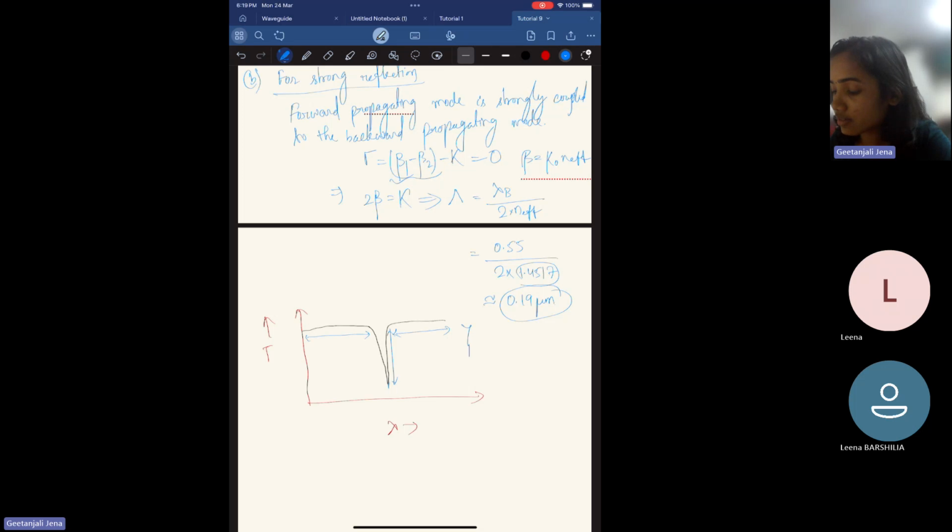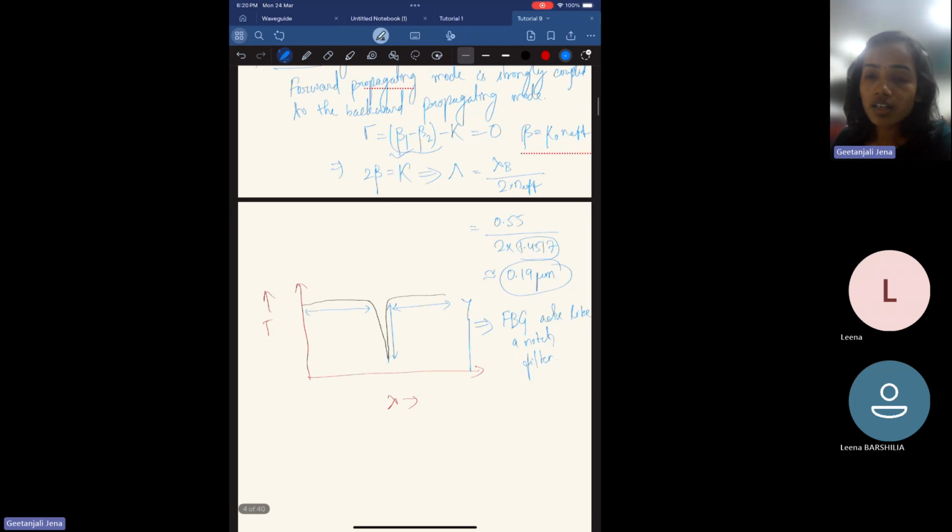So that means the fiber Bragg grating acts like a notch filter. For a notch filter, only at a desired wavelength the transmission would be 0, and at all other wavelengths the transmission won't be affected.